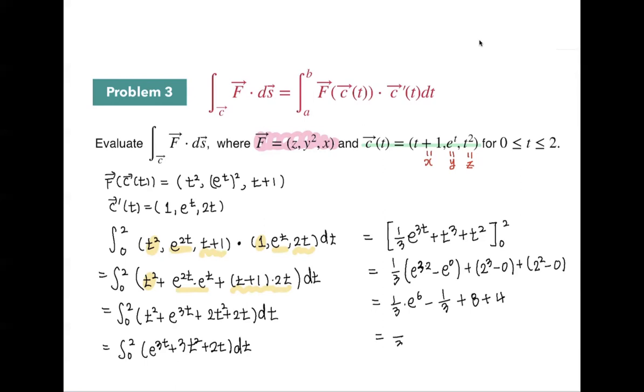So it is 1 over 3 times e to the 6 plus 12, so 35 over 3. We got the result like this.